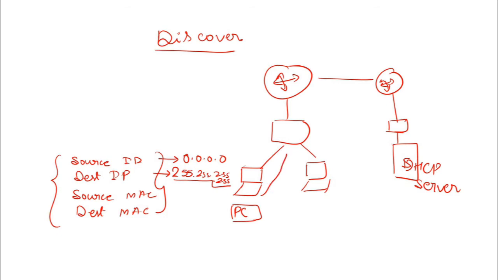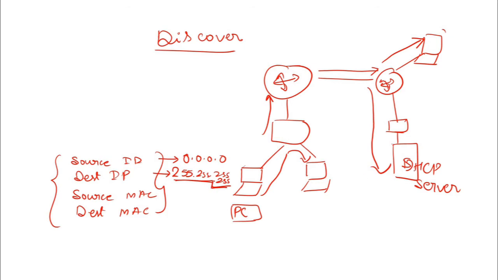Suppose this PC sends a packet to discover the DHCP server, that packet will go to this computer, to this router as well, further to this router as well, and to the DHCP server as well. It might be some other computer connected over here as well, and the packet will go to that computer as well. It goes to all the hosts connected on that network, because that is the broadcast packet.